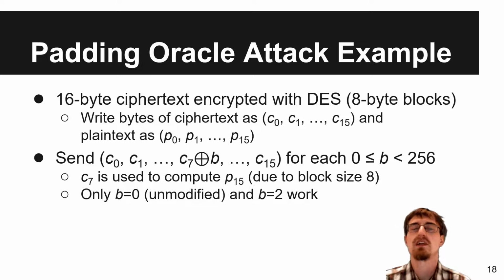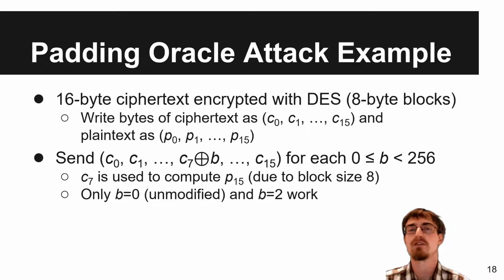Now, C7 is relevant because it's used to compute P15. We have the block size of 8, so we look back 8 bytes to get to the penultimate block, which is used for the XORing and the decryption. Now let's say that only B equals 0, so an unmodified ciphertext, and B equals 2 actually work.